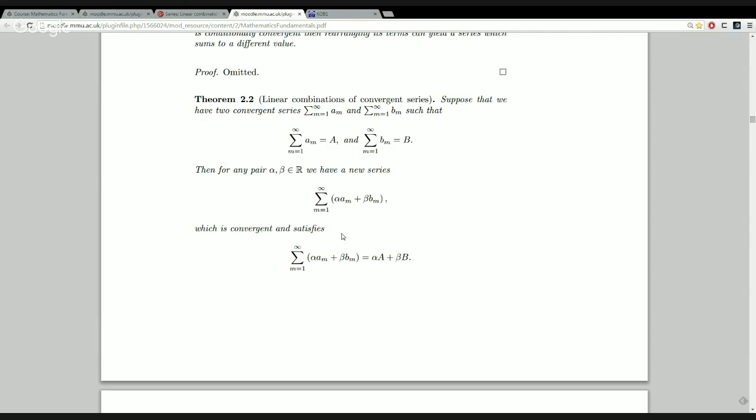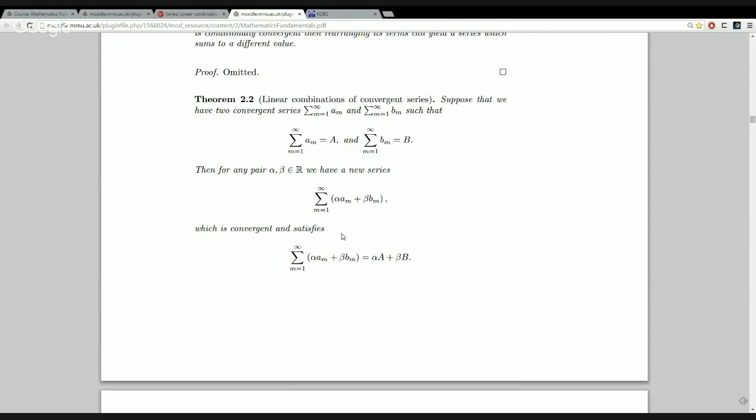Using the assumptions in the theorem, we form a new series, the sum of elements c_m, where each c_m is defined as alpha times a_m plus beta times b_m. So this is a linear combination of the original two series.